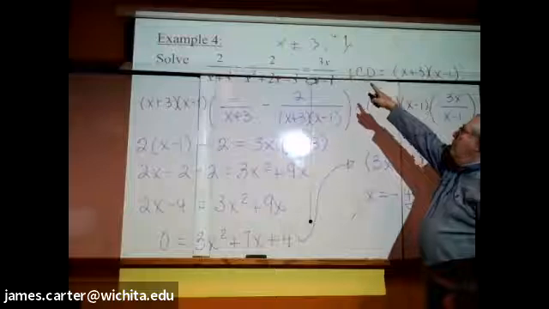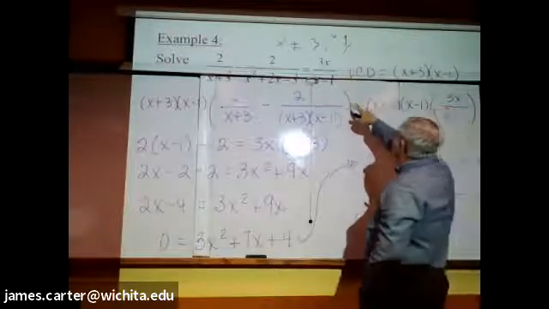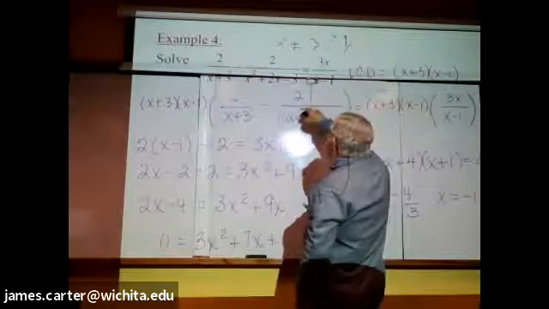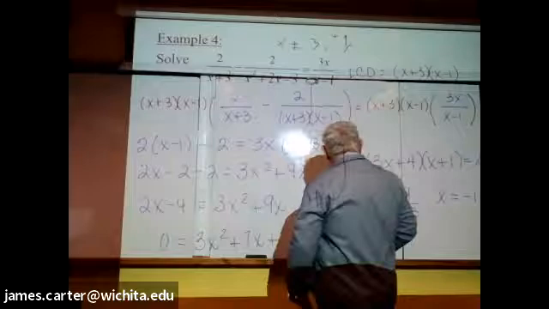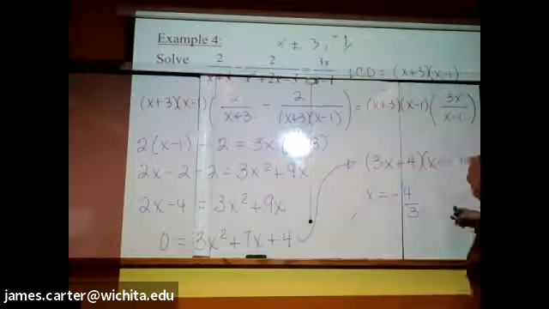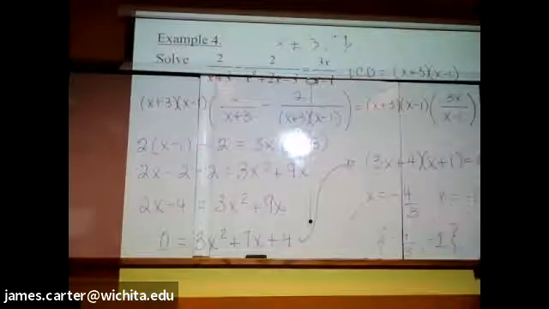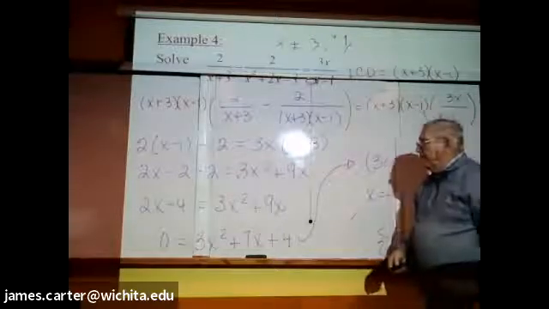I check my domain values that it cannot be. It can't be +1, and it can't be -3. Neither of these fit that, so we're okay. So my solution then is -4/3 and -1.